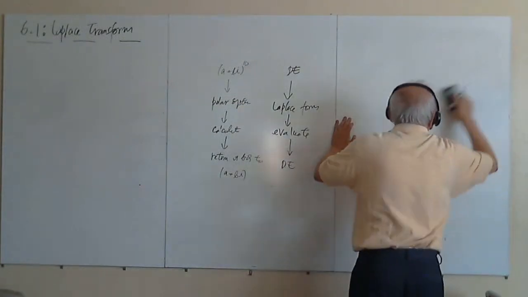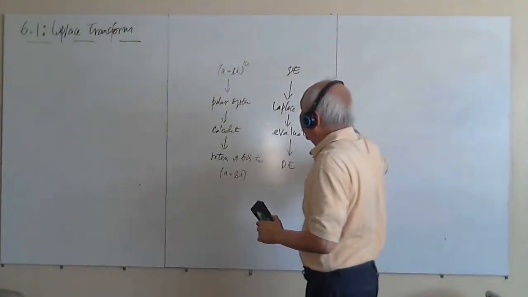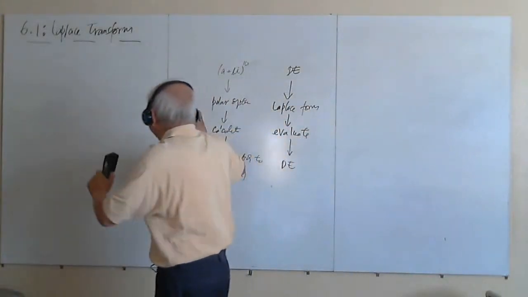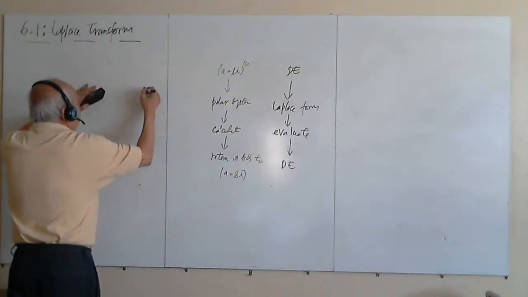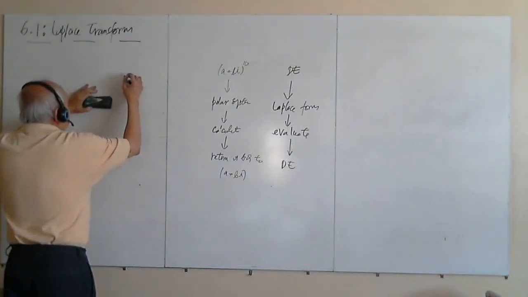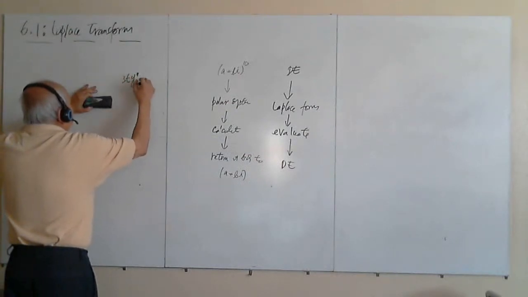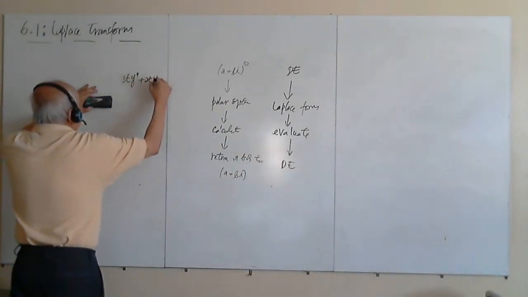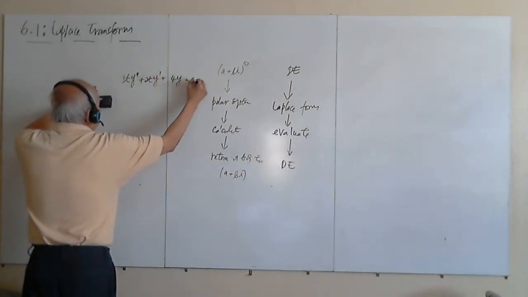So the idea of the Laplace transform is like this. Let's say you have a DE here. I'm just making up a number, just making up an example here, not necessarily always true. Let's say 3t y double prime plus 2t y single prime plus 4y equals 0.